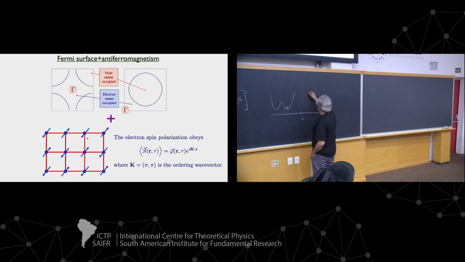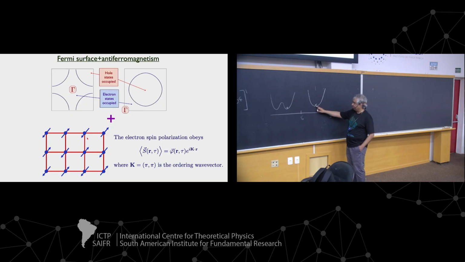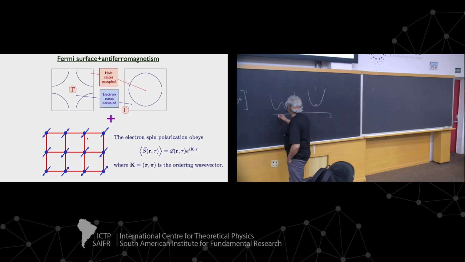For S greater than SC, it looks like this, and then you just have one minimum, and then you have a symmetric phase. This is a broken symmetry phase. Okay, so this is V of phi.